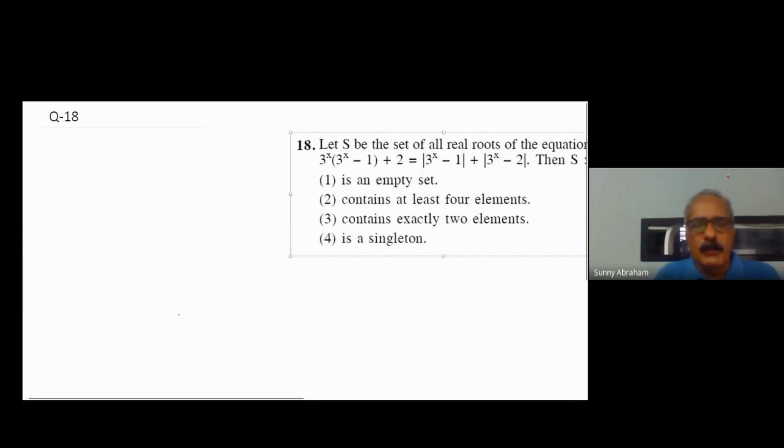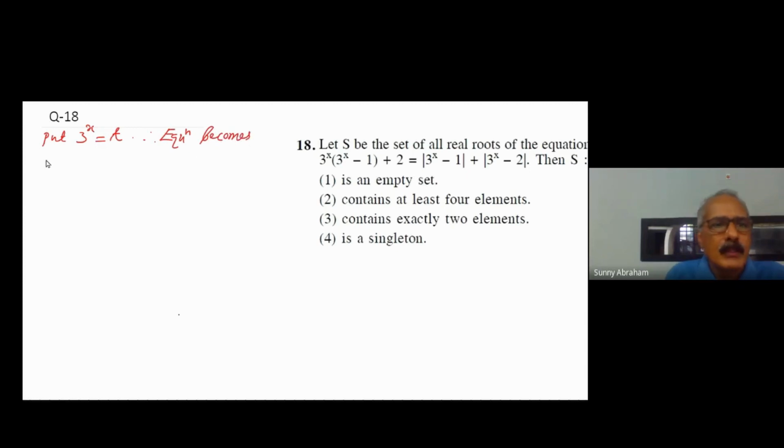So we substitute, put 3^x = t. Therefore, the equation becomes t(t − 1) + 2 = |t − 1| + |t − 2|.